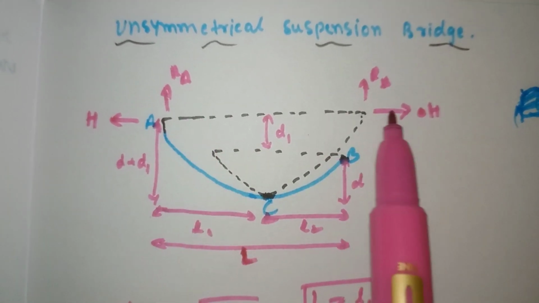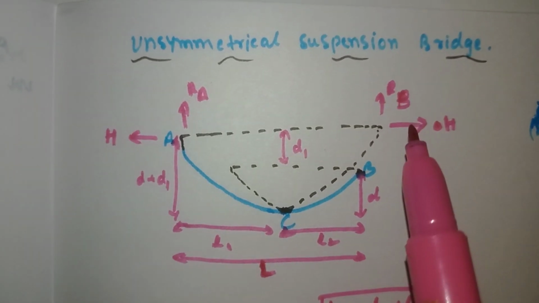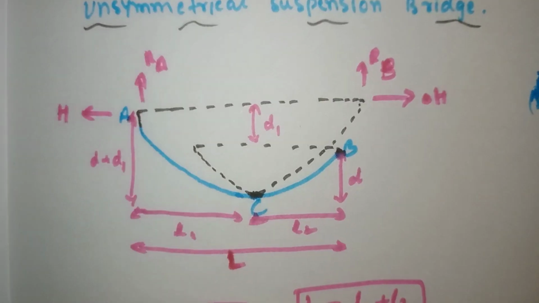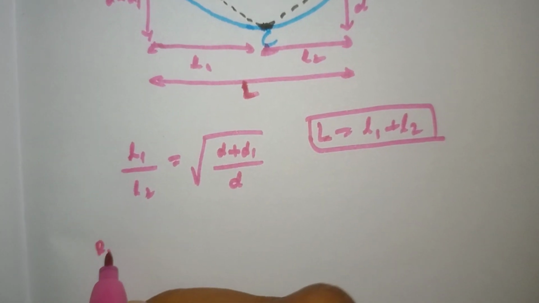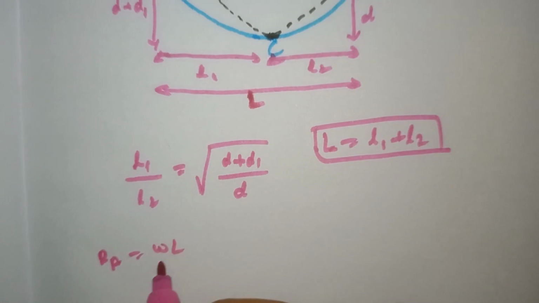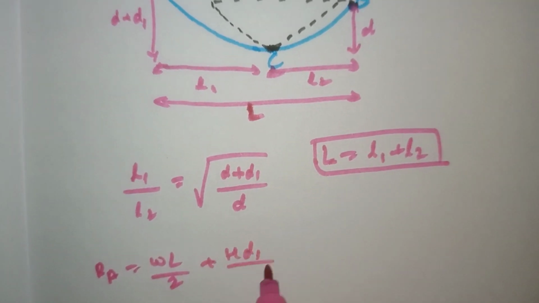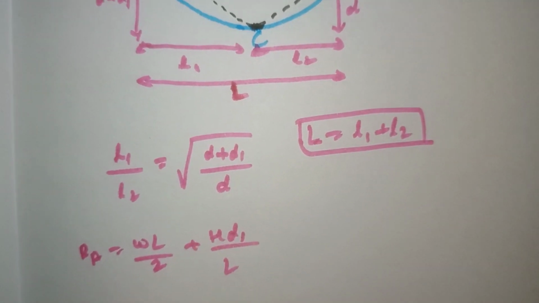The RA and RB values will be different because it's unsymmetrical. For calculating RA there is one formula: RA is equal to WL divided by 2 plus H D1 divided by L. By using this formula we will calculate RA.